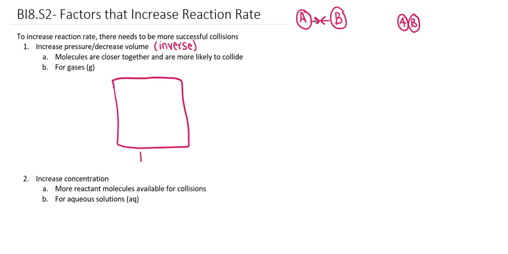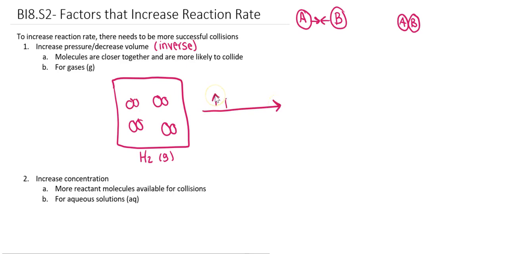So let's say I had a gas like hydrogen, H2, and let's say these are all of my hydrogen molecules, and we are going to increase the pressure on these molecules or decrease the volume.